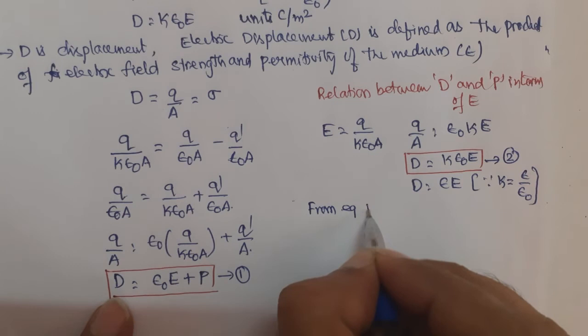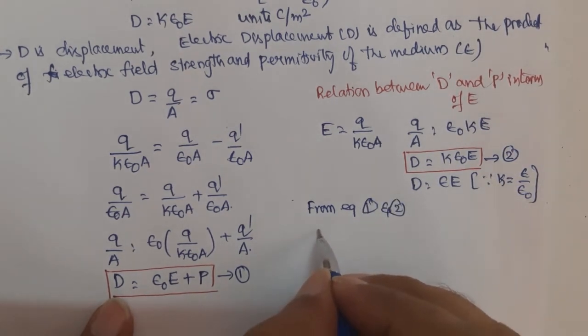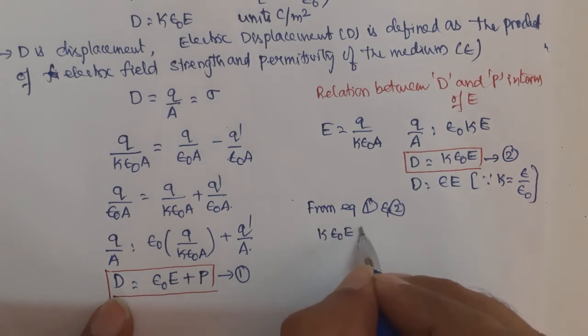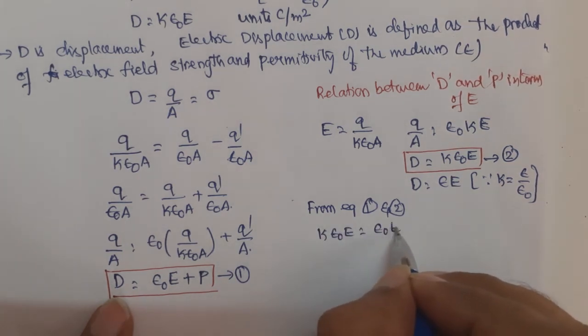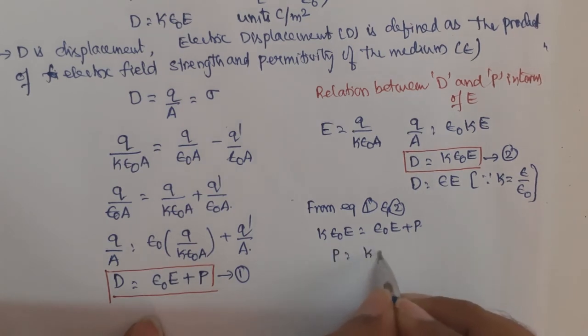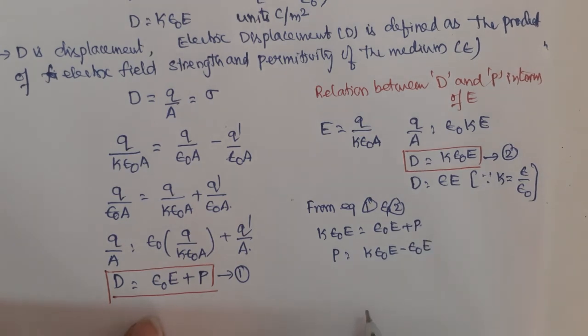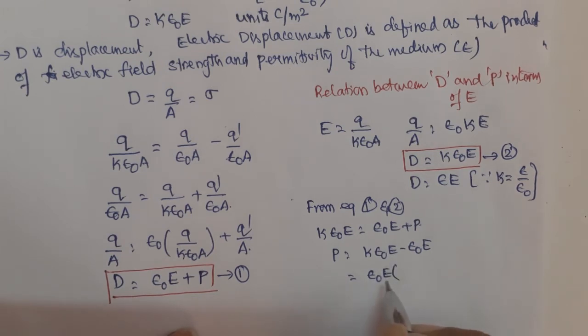From equations 1 and 2 you can write that K epsilon naught E is equal to epsilon naught E plus P. Then P is equal to K epsilon naught E minus epsilon naught E, which is epsilon naught E into K minus 1. This is our equation 3.